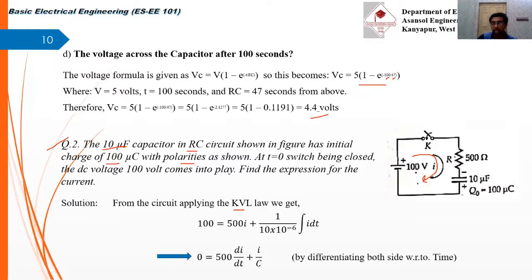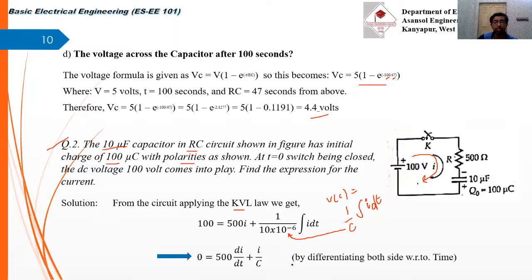That is, 100 volt equals 500 into I, if current I is flowing, plus 1 by C integration I dt, because the voltage across the capacitor is 1 by C integration I dt.